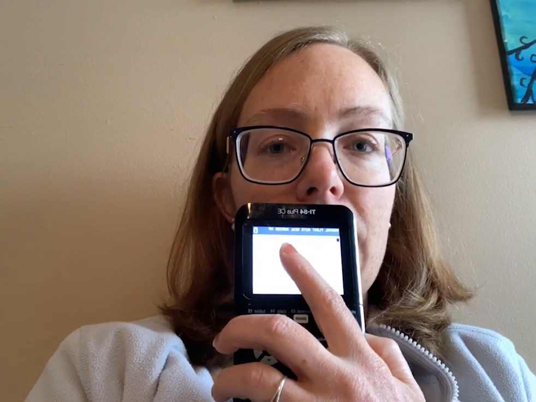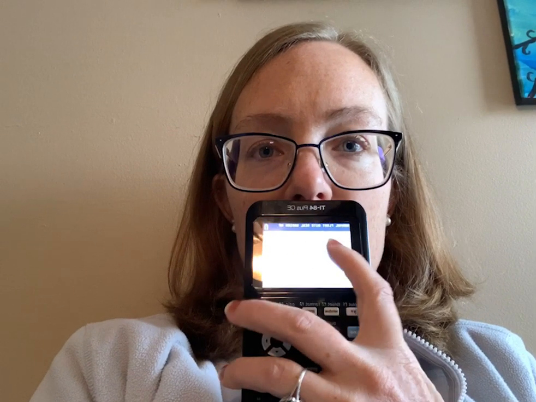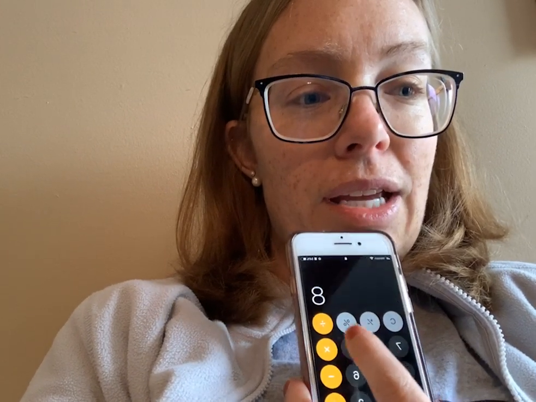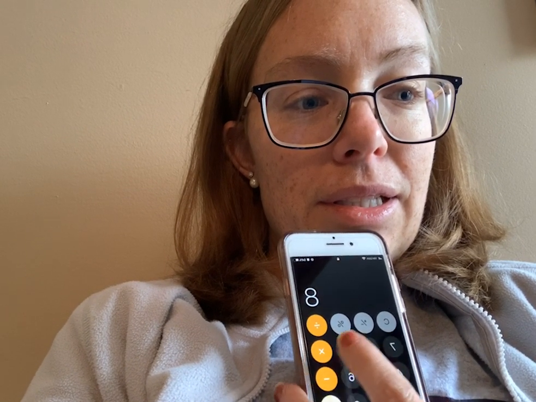I do recommend you have a calculator that you can see the numbers though, because when you're adding a bunch of numbers together, you want to make sure that you get all your numbers in. So it's nice to have these kind of calculators because then you see what you've already typed. If you're using a basic one on your cell phone, the problem is, you get 8 plus 8.